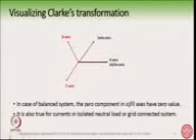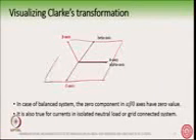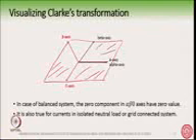So as I told you, in case of the balanced system, the 0 component in alpha beta 0 has 0 value. So then what we do, we deliberately make all these variables in one single plane. So there is no 0 component.